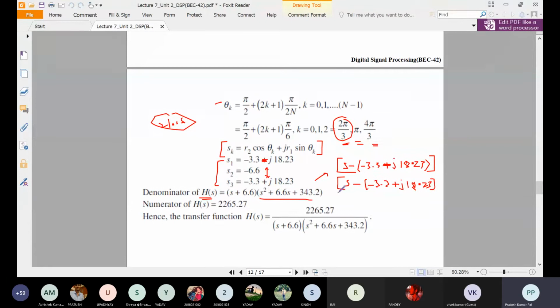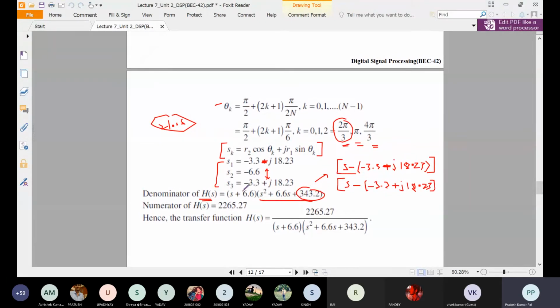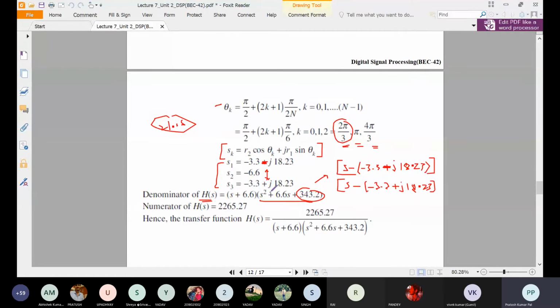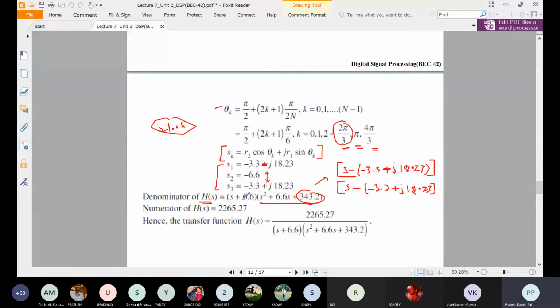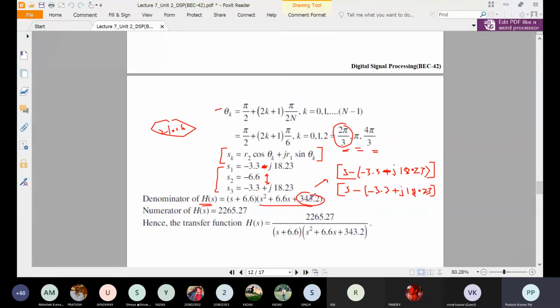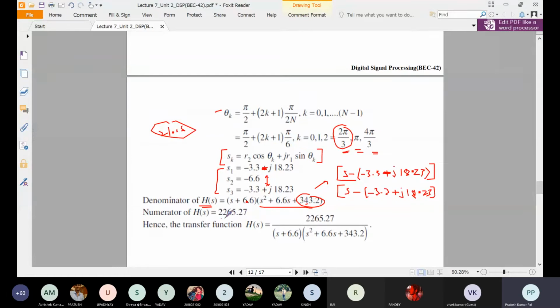Once we have multiplied, this will be the constant term, and this will be the constant term. After multiplication of these two terms, that is s plus 6.6, and after multiplication of these two terms, the constant in that expansion will be the multiplication of this term and this term. We will be multiplying these two, and that will be equal to this.